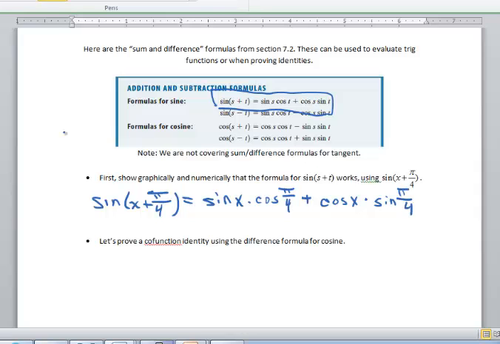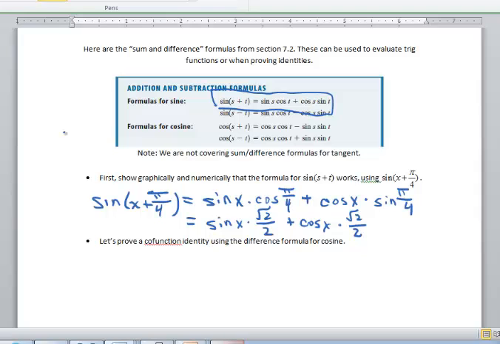And this can be simplified a little bit because we know what the cosine of pi over 4 and the sine of pi over 4 are. They're both radical 2 over 2. So this is really the sine of x times radical 2 over 2 plus the cosine of x times radical 2 over 2.